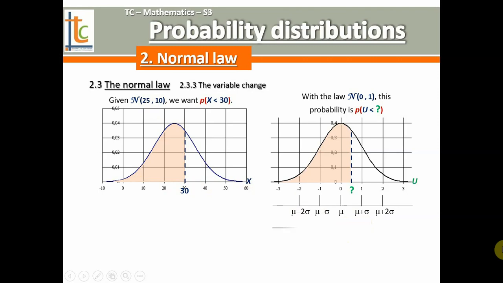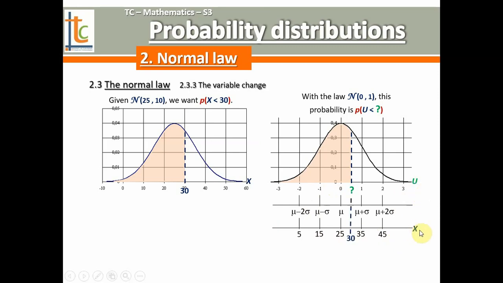So the values that match the values of u are, for x, 5, 15, 25, 35, 45. And for 3, it would be 55, and so on. So we've got a correspondence between values of u and values of x.